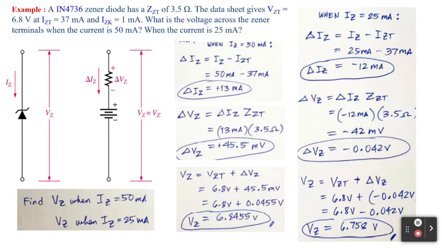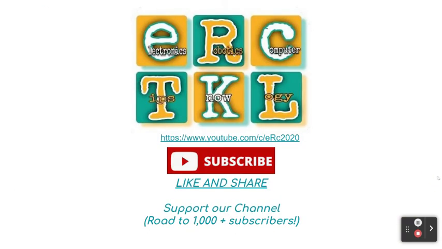So it's negligible, or we can forget about it because it's very small, and it will not defeat the purpose or function of the Zener diode, which is to provide a constant or stable voltage of around 6.8 volts.